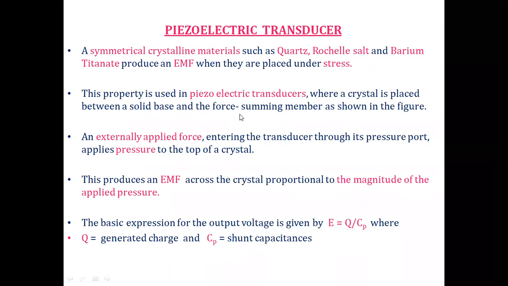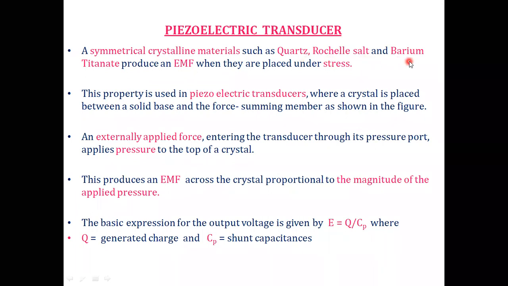Here, piezoelectric transducer. It is made of a symmetrical crystalline material. Asymmetrical crystalline materials such as quartz, Rochelle salt, and barium titanate produce an EMF when they are placed under stress.